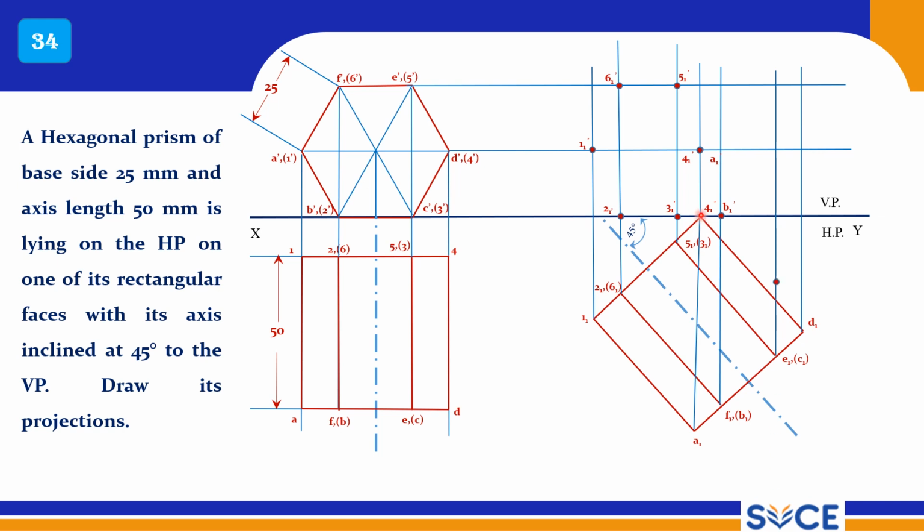And here 5, 3, connected to 4, they are invisible. So 5 to 4 is dotted line, 4 to 3 is a dotted line, and 4 to D is also a dotted line. Now I have completed all the lines. The required dotted lines and thick lines I have drawn.